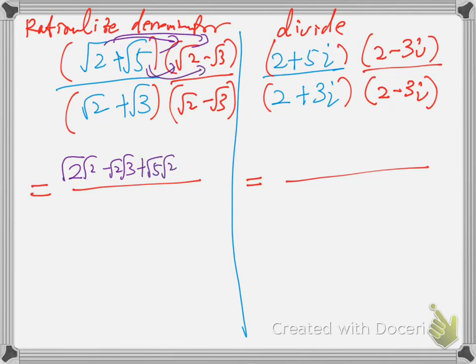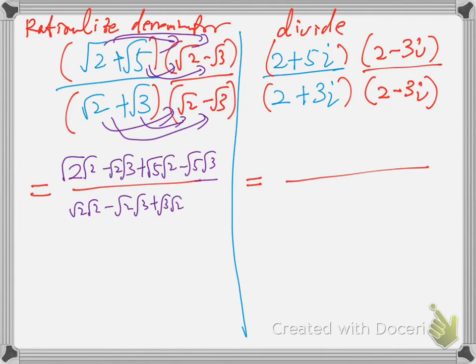And then minus radical 5 times radical 3. That's the top. The bottom: radical 2 times radical 2, minus radical 2 radical 3, plus radical 3 radical 2, minus radical 3 radical 3.